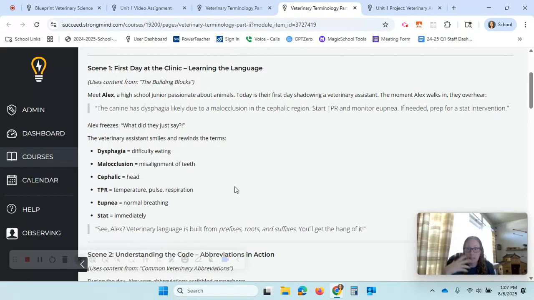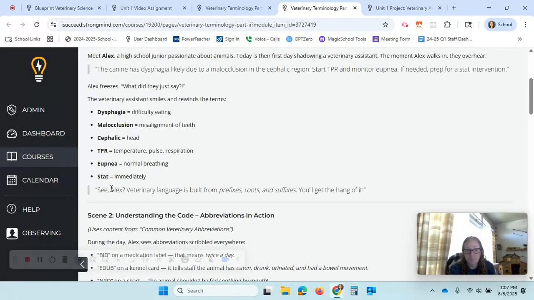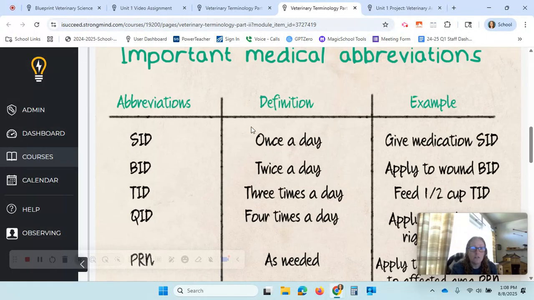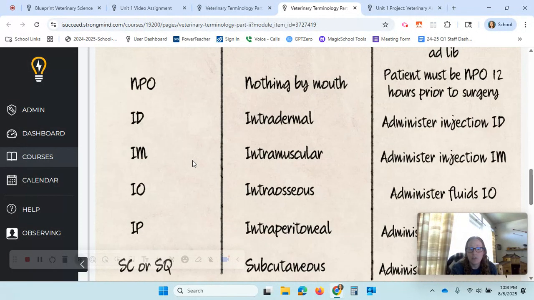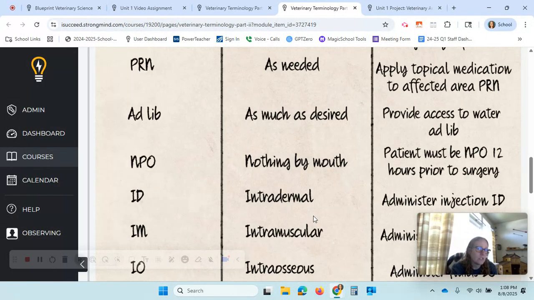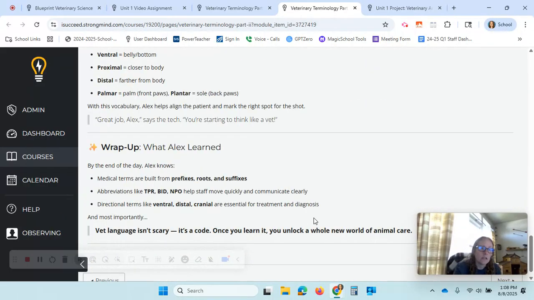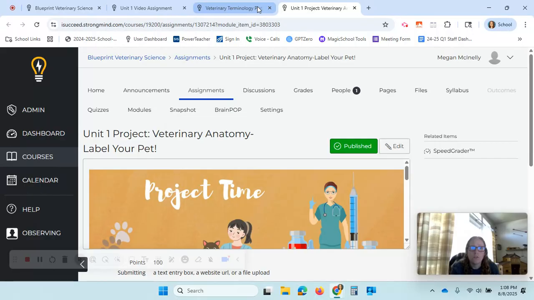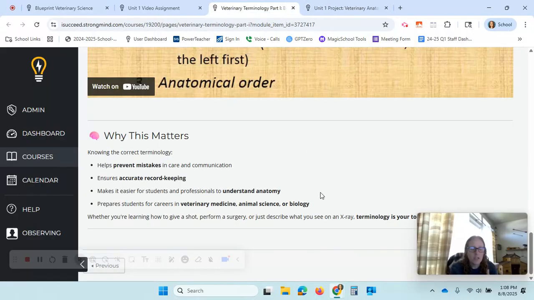Stat, I need this now, immediately, right? TPR, every single patient that walks in the door, you need a temperature, pulse, respiration. Other great abbreviations here, like how often a medication is given, how a medication is given. Those are just overviews of the veterinary terminology pages that we have.